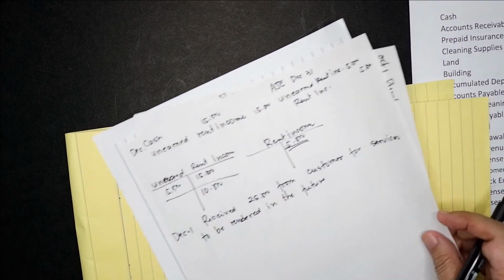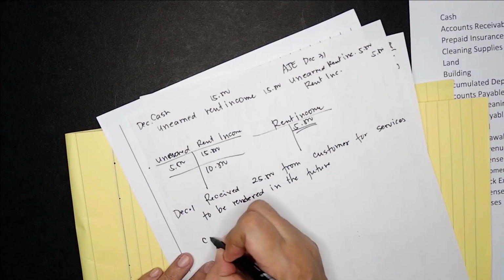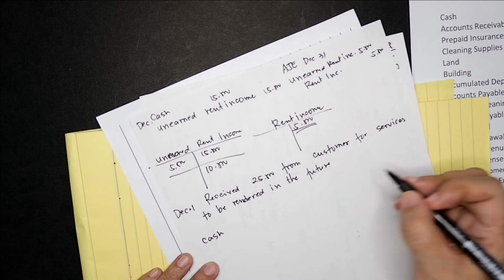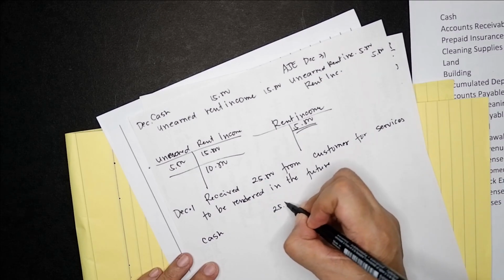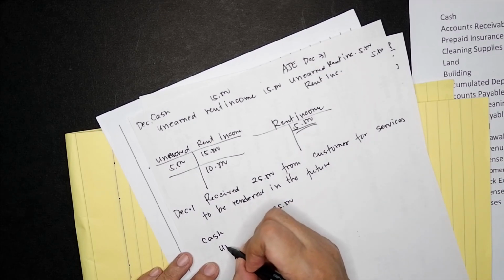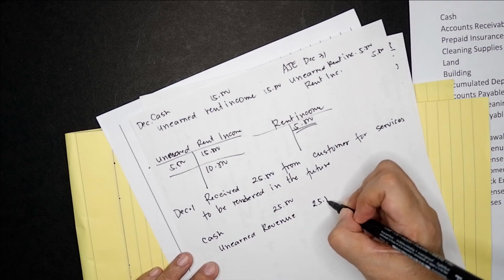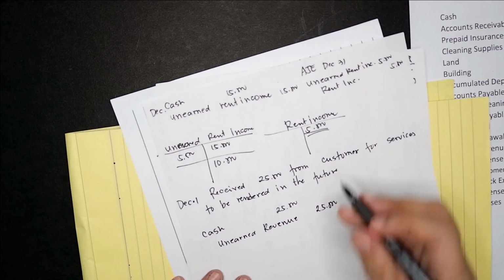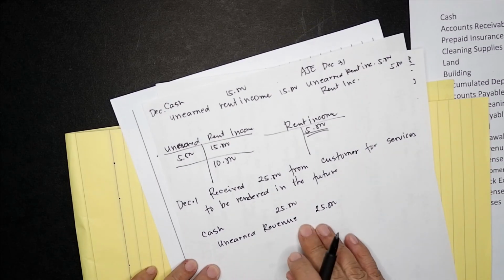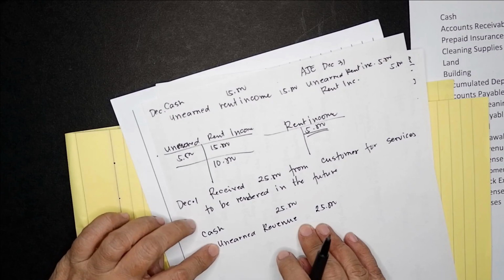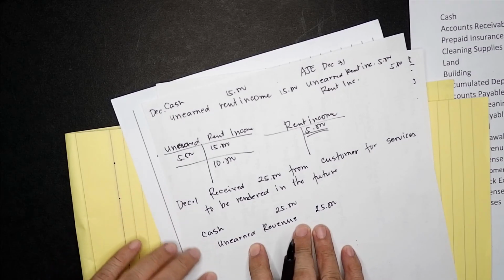Okay. So, if our entry is debit cash 25,000 and credit unearned revenue 25,000, it means liability method was being used because we record unearned revenue.